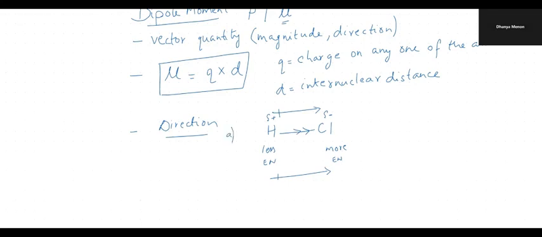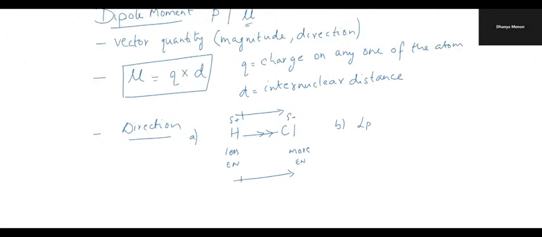In case of a lone pair, LP stands for lone pair. We have been using this in so many videos. Lone pair is there. Suppose I have an atom A, and this is the lone pair.